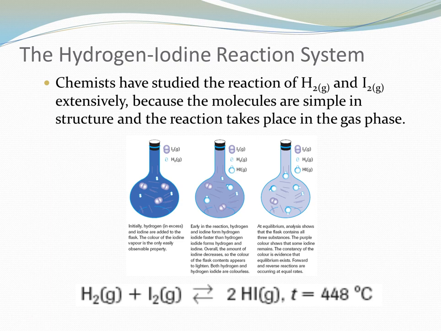Initially, the flask only has hydrogen and iodine molecules, but as they react, the amount of hydrogen iodide increases. Eventually, the system reaches equilibrium, and the numbers of each entity will stay the same, although it is known that the forward and reverse reactions are still taking place.